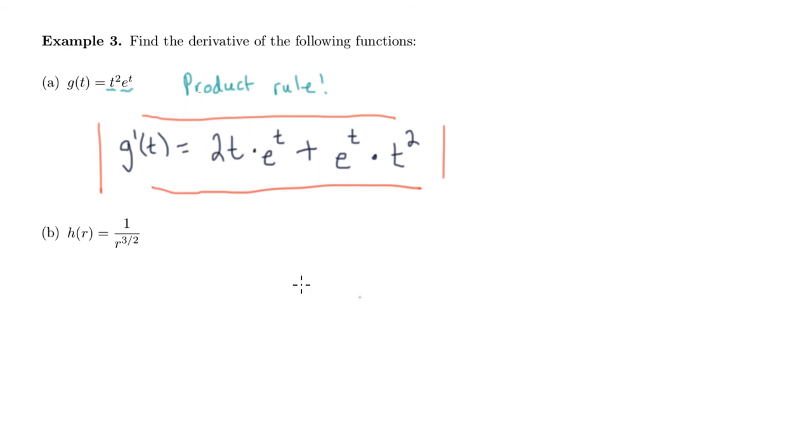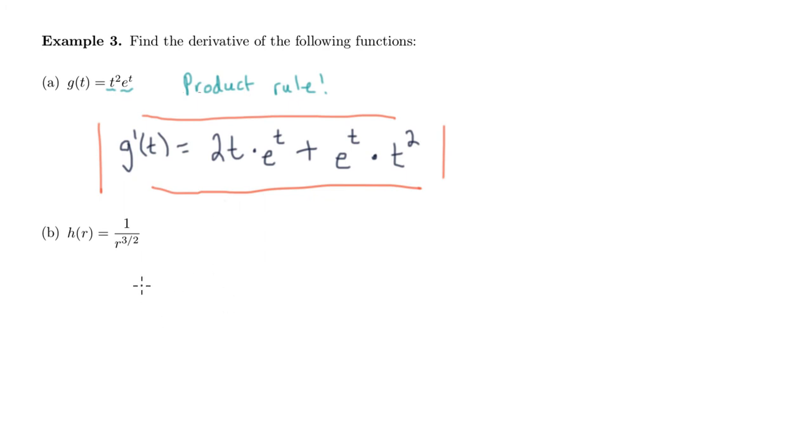Okay, so this function, h of r, is 1 over r to the 3 halves. So what do we want to do here? Well, for now, it looks like this is a quotient, right? So it's a quotient of the function 1 and the function r to the 3 halves.